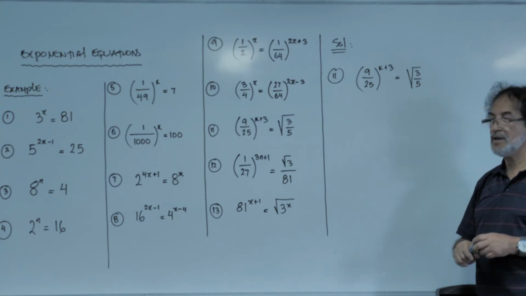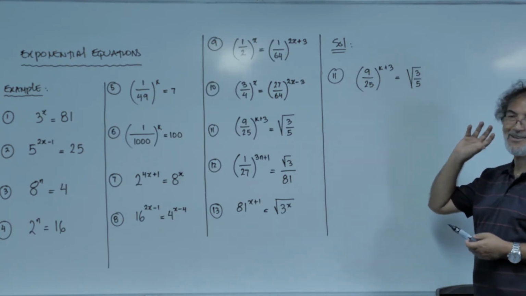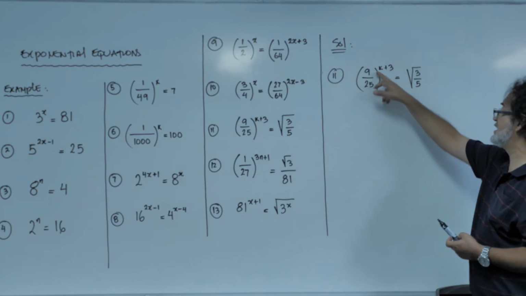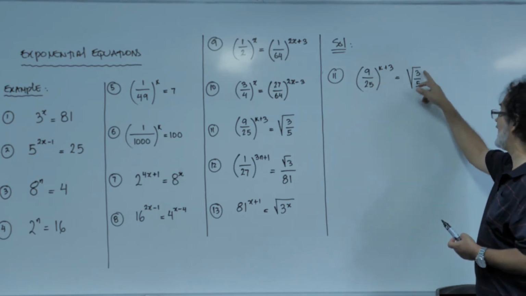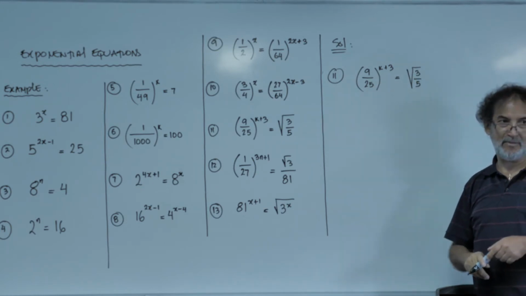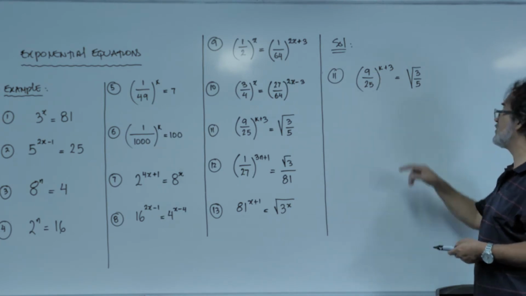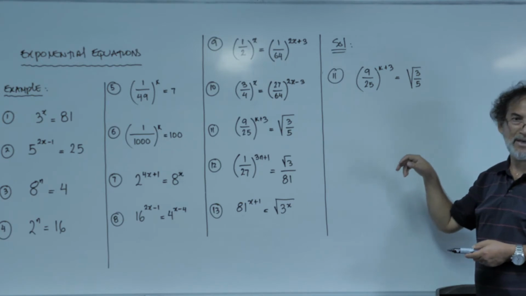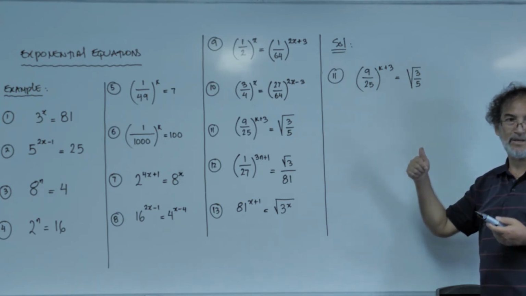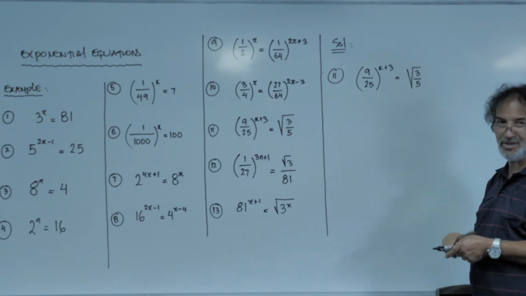Right? Okay, so I think that you can picture that this is somehow a power of 3 over 5. Can you see that 9 over 25 is the same as if you square 3 over 5? Yeah. Because 3 over 5 squared is going to be 9 on 25.